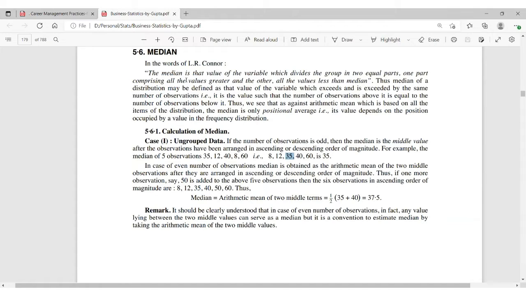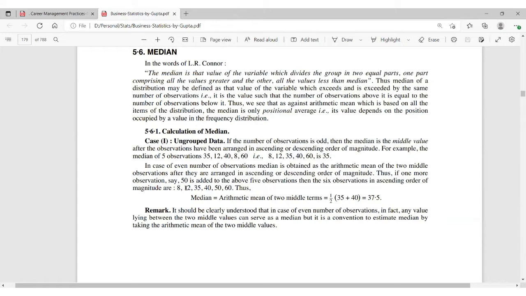In this example, there are 5 observations. 5 is an odd number, so if it is odd, then you can find the single middle value. If the numbers are even, there are two middle numbers. In the next example, we have added one more number, 50. Now this is in ascending order.